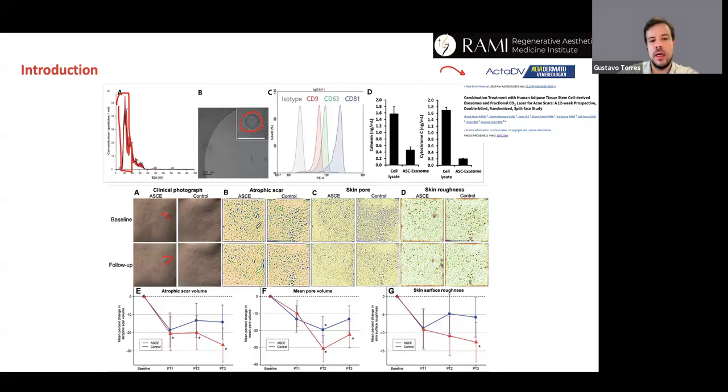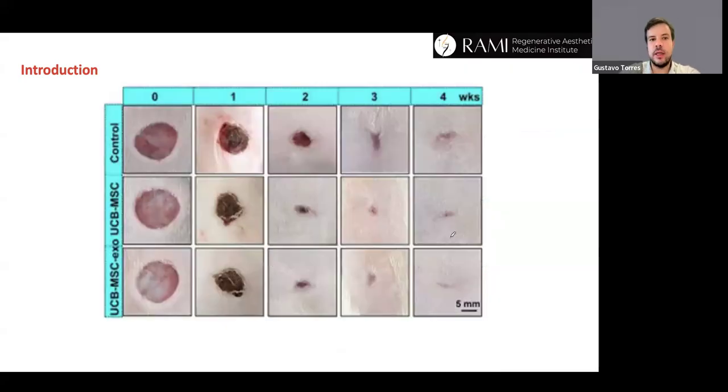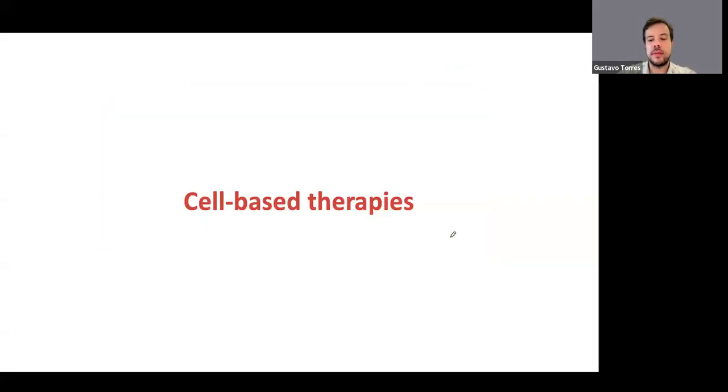Atrophic scars become better organized. Skin pores become less visible, and skin roughness improves, but probably the clearest application is the use for skin healing. If you expect skin to heal, you also obviously expect skin to proliferate and to reorganize the tissue. And this is a very important aspect of exosomes being employed.